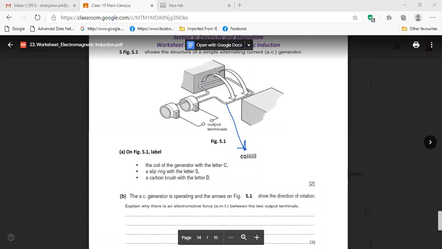You write here, only see. Nothing else needed to write, beside the coil.